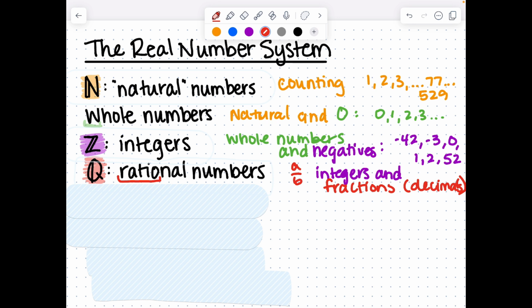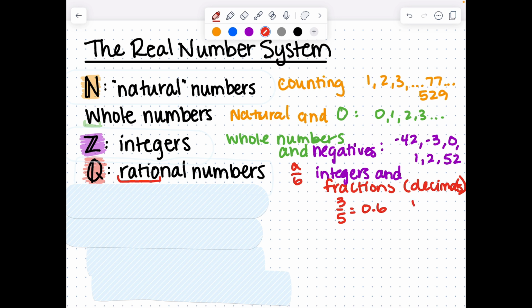Now, these would be the repeating decimals or the terminating decimals. So just like I could use 3/5, the decimal equivalent to that is 0.6. So both versions of that number count as rational numbers. That is a rational number no matter how you write it, as a fraction or a decimal.